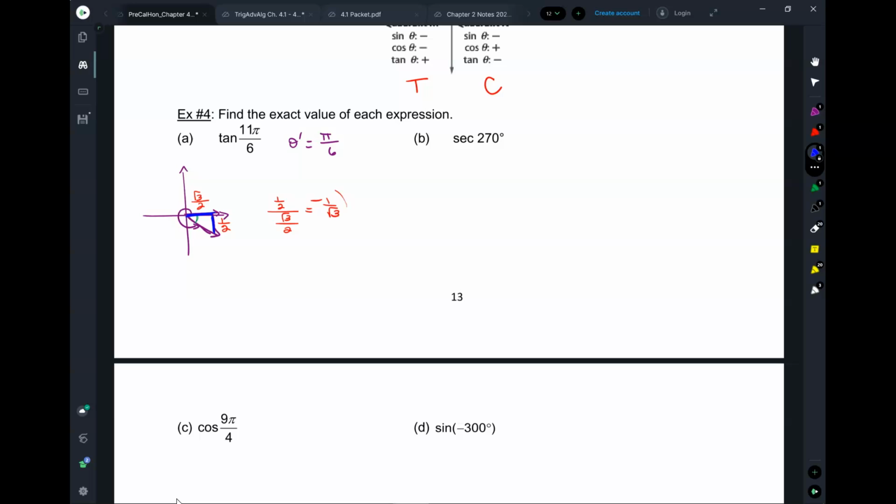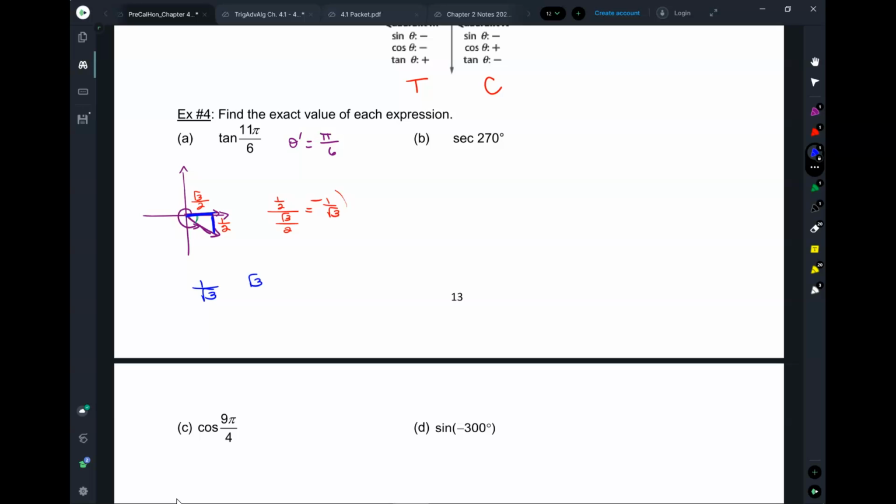For tangent of pi over 6, pi over 3, your two options are 1 over root 3 and root 3. That's all you can get for the 60 or the 30 for tangent. Which one of those has a smaller value? 1 over root 3. So if your ratio here is going to be small over big, it's going to be the 1 over root 3.